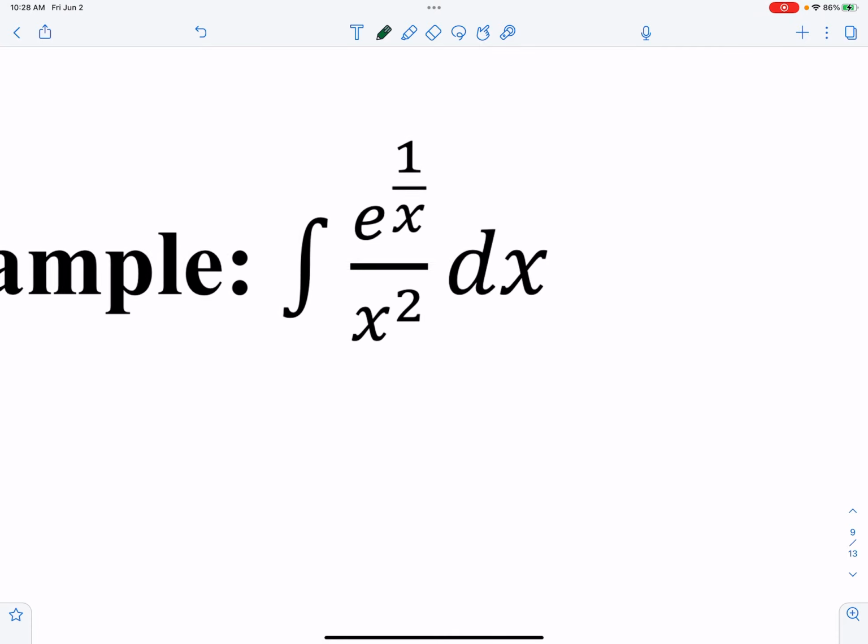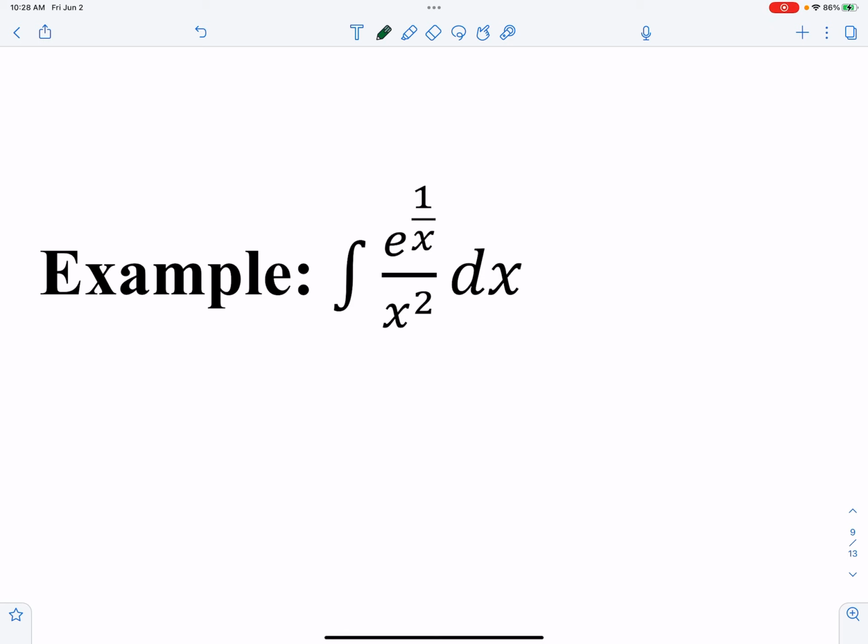Okay. So, this is a tricky looking one. If I let u equal to x squared, derivative of that would be 2x, and that wouldn't help me because then I'd still have the 1 over x in the exponent position there for e.